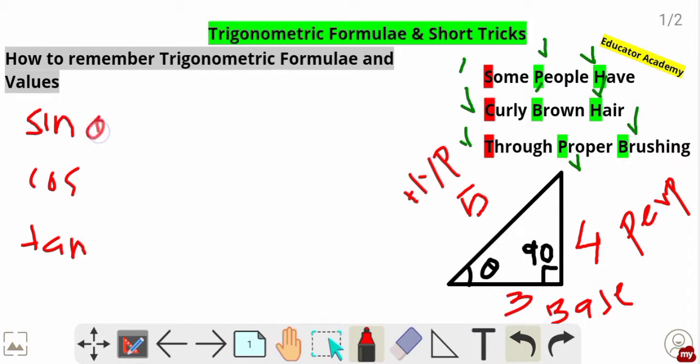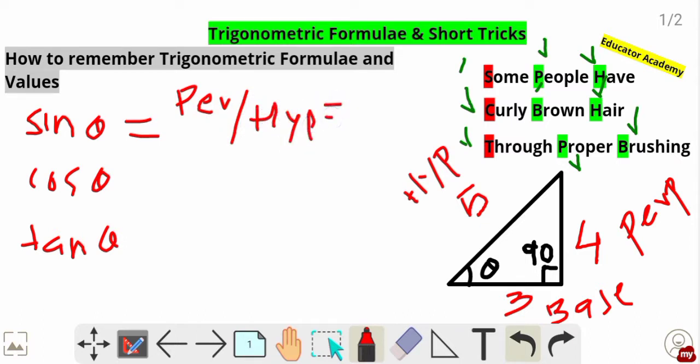Opposite to the 90-degree angle is always the hypotenuse, while opposite to theta is always the perpendicular, while the remaining side is always the base. So sine theta is equal to perpendicular over hypotenuse. Some people have, so P shows perpendicular and H shows hypotenuse.